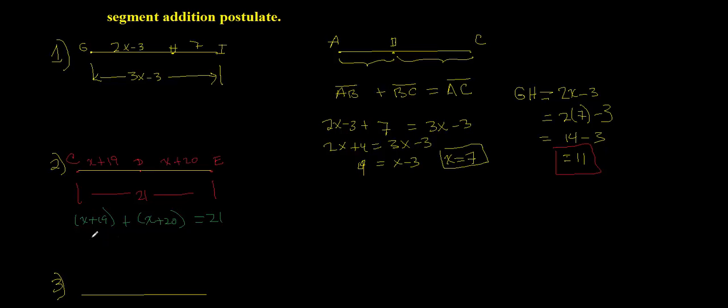So x plus x is 2x. 19 plus 20 would be 39, and that gives us 21. And then subtract 39 from both sides.